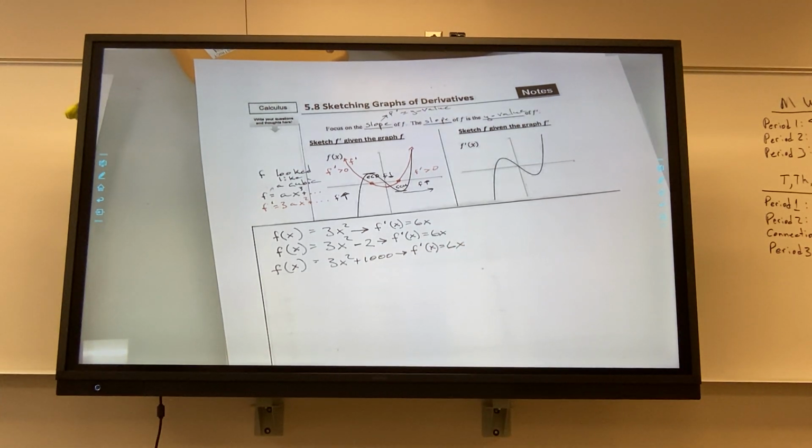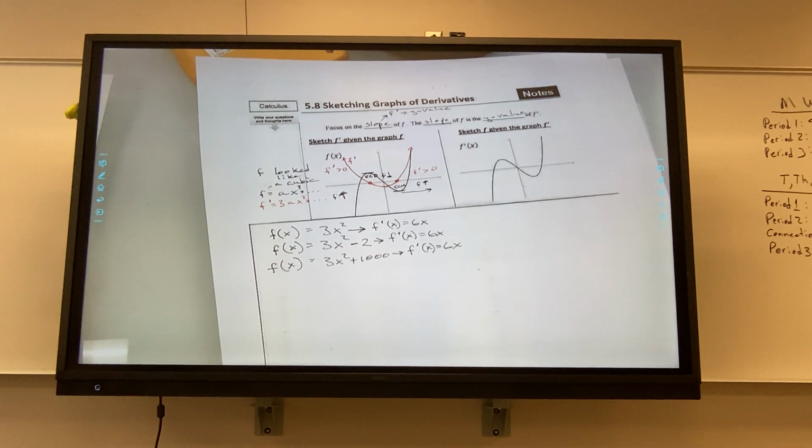Now, they all have the same derivative, correct? Yeah, because they all have the same slope. I would agree. Why aren't they different? What happened to each one of these?